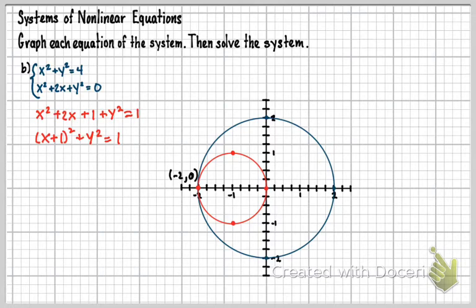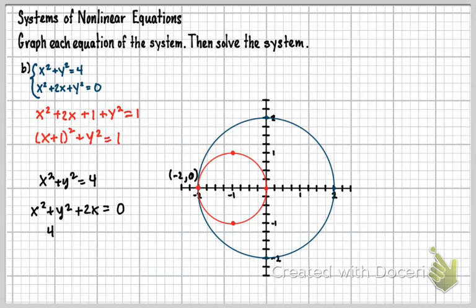So now to do that, we just take the original here. And if you think about what I really have here, I'm just going to do a substitution. So I know x squared plus y squared equals 4. And if I rearrange the bottom one, I can get x squared plus y squared plus 2x equals 0. So in place of this whole x squared plus y squared in the equation below, I can plug in 4 because it equals 4 in the top equation.